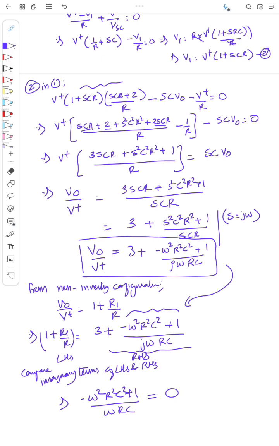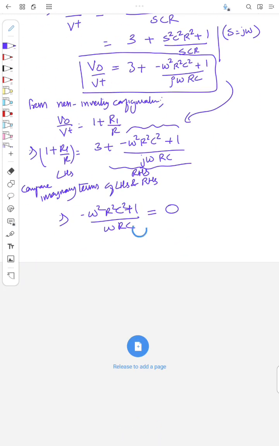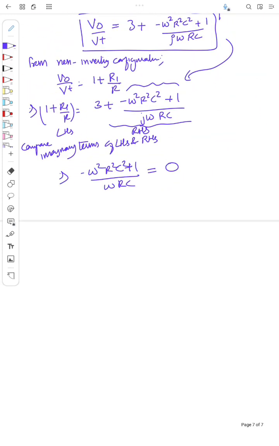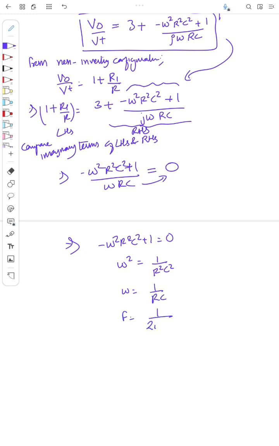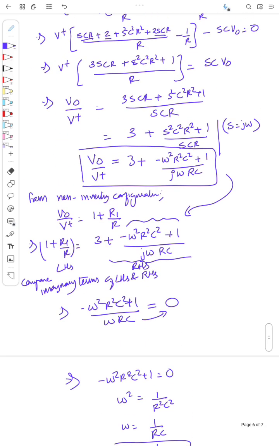This will be equal to 0 in the LHS, right? So from here I can bring this to 0, right? So it will be minus omega square R square C square plus 1 equal to 0, or omega square equal to 1 by R square C square. Okay, or omega equal to 1 by RC, or f equal to 1 by 2 pi RC. So this is the frequency. Okay, this is the frequency that we wanted.